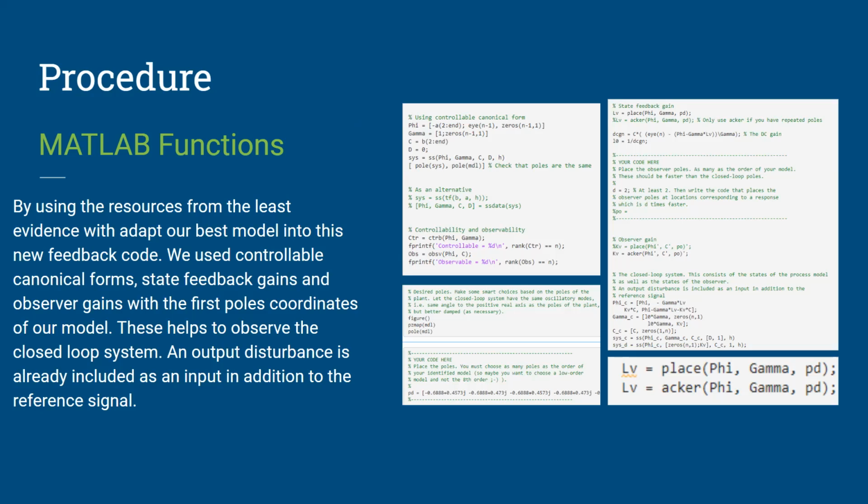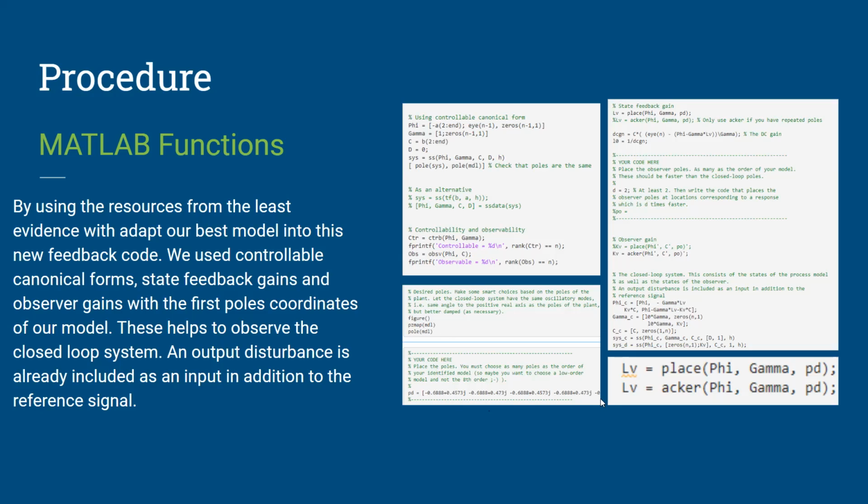So basically what we did here was export our best model from the ARX model code from MATLAB as well, and find the coordinates of our poles. Once we got the coordinates of our poles, we look at how the poles are distributed around the circle and move them to be as close as they can be to the center. We use all these, and we use the canonical forms.